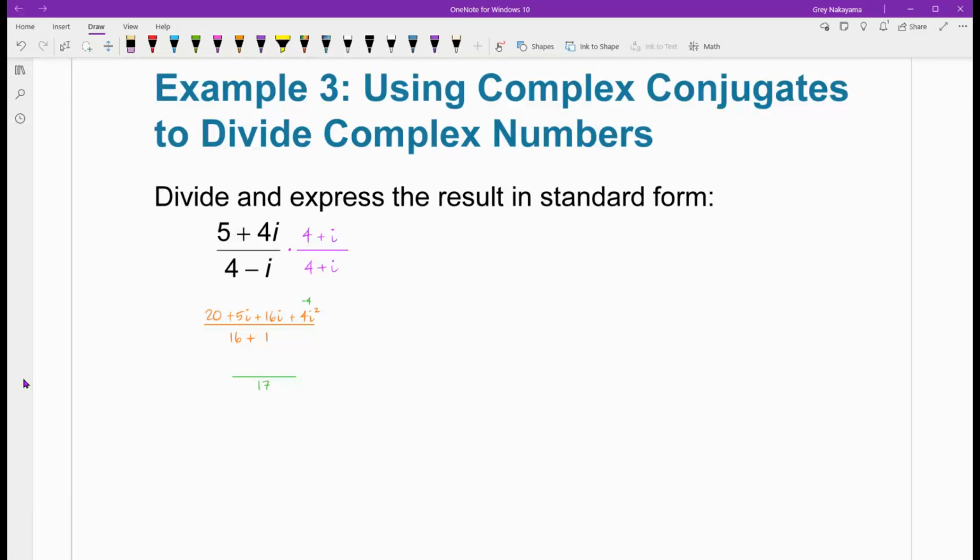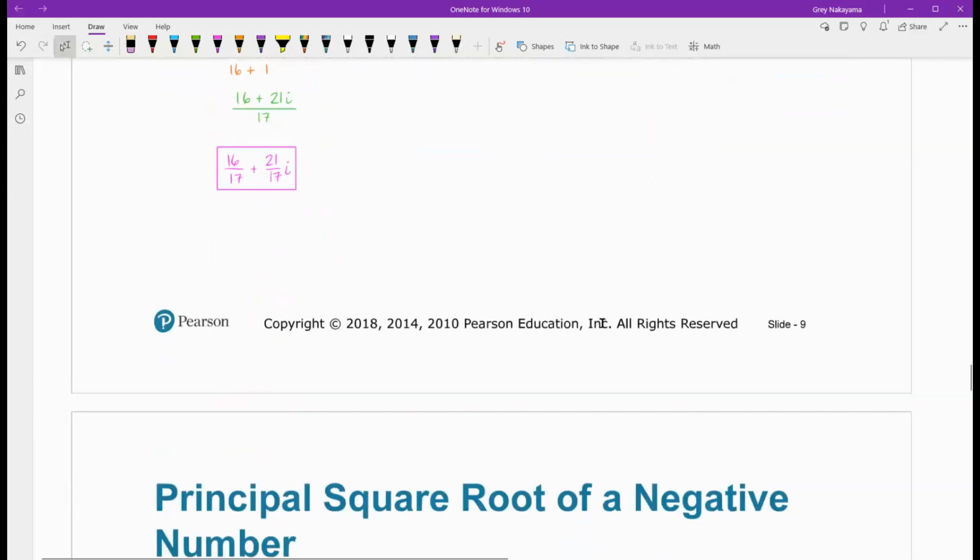And then I have 20 and negative 4 give me 16. 5i plus 16i is plus 21i. And as I said, you have to write it in standard form, which means I got to put each one over the denominator. So I'm going to have 16 over 17 plus 21 over 17 i. And that's what your answer looks like. So what we did, we got to remember to put it in that standard form of a plus bi, and we multiplied by the conjugate.